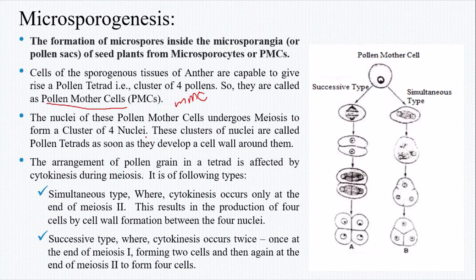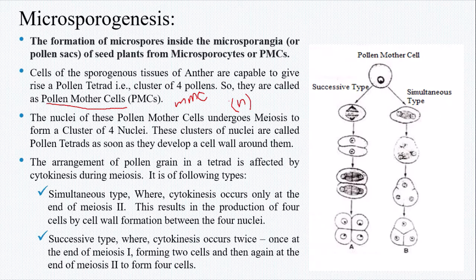Two continuous divisions take place in the pollen mother cells, meiosis first and meiosis second. During meiosis first there is a reductional division in the nucleus of the pollen mother cell. After this, 2 nuclei will be formed, and these nuclei will have n number of chromosomes.